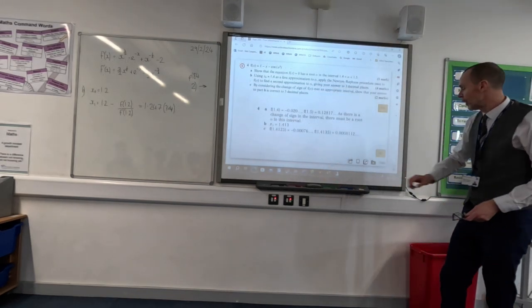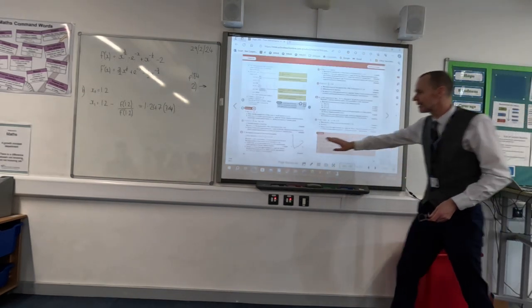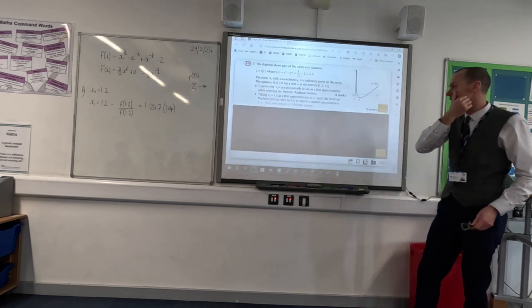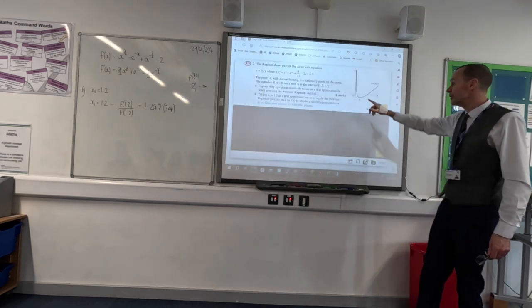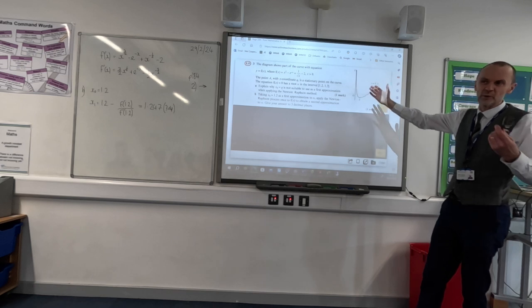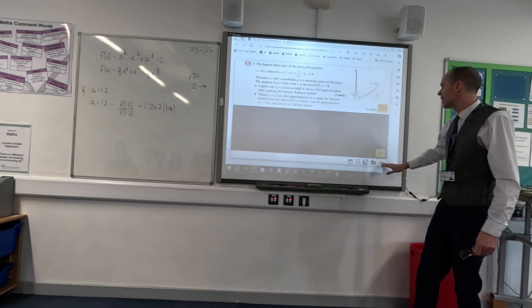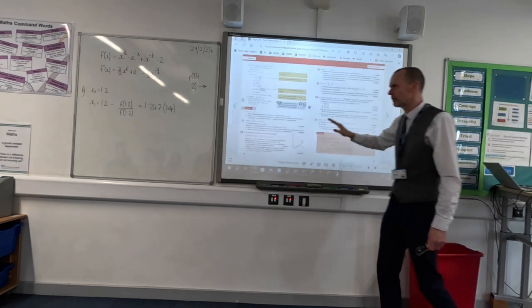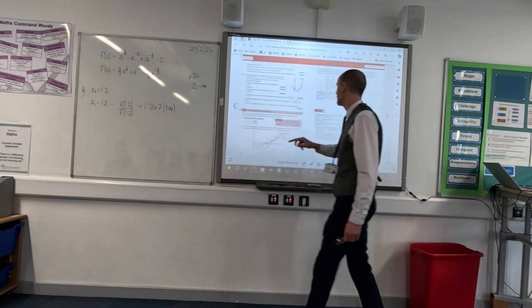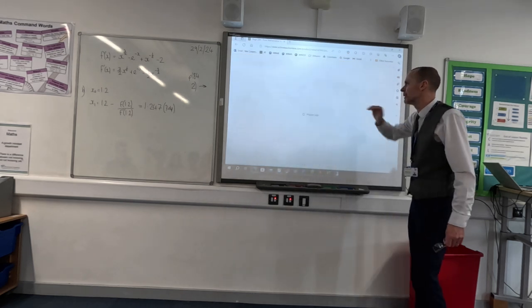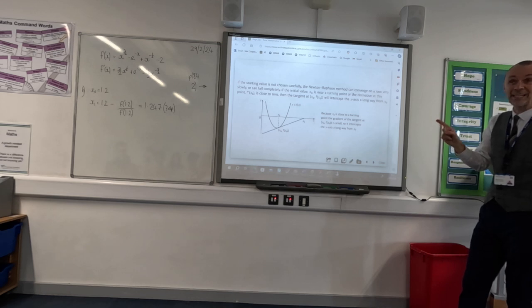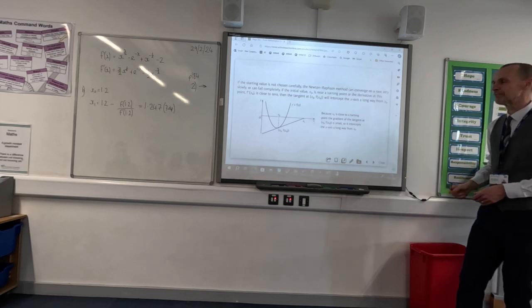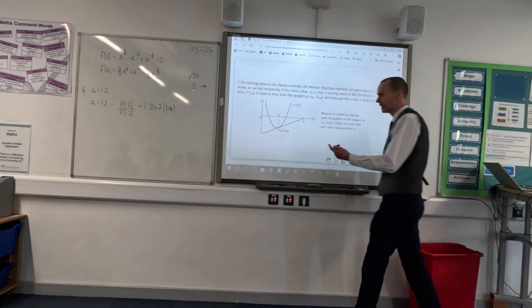So choice of value, well, we've seen a couple of times now this question about explain why it's not a suitable value, and it's the turning point, definitely not suitable. Close to a turning point as well, I guess really we could perhaps expand. So for example, this diagram shows it quite nicely that x0 in this example isn't at a turning point, but it's close to a turning point.